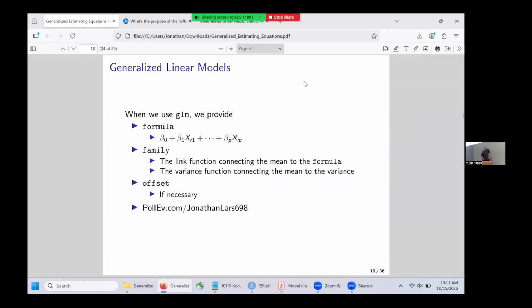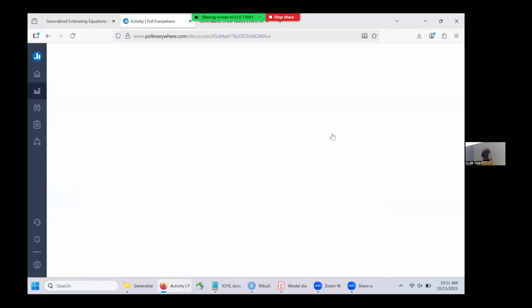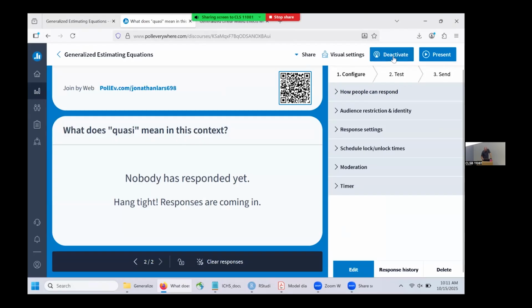All right, I have another question for you. What does quasi mean in this context? So we have quasi-binomial, quasi-Poisson, just quasi. How do we interpret that? Okay, that's no problem. I don't remember.